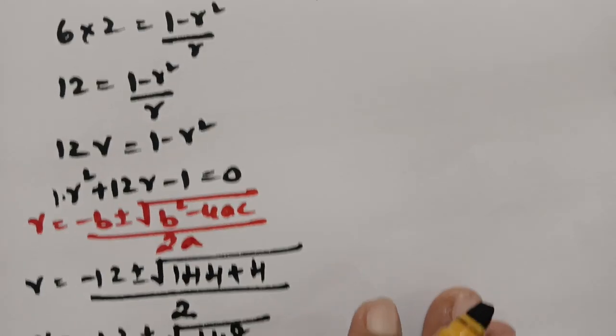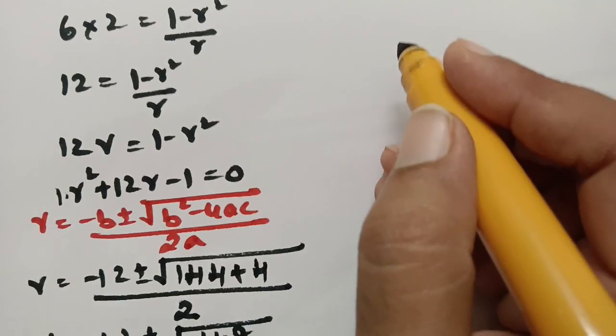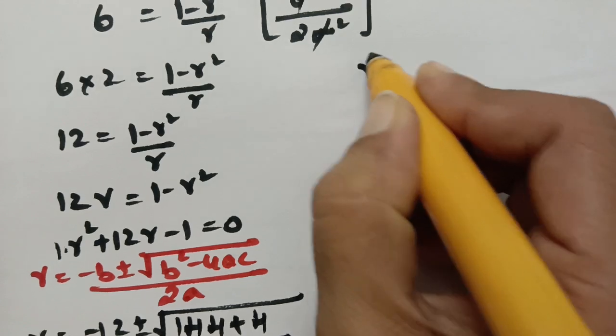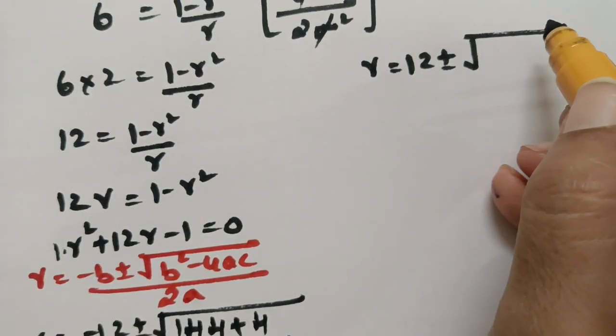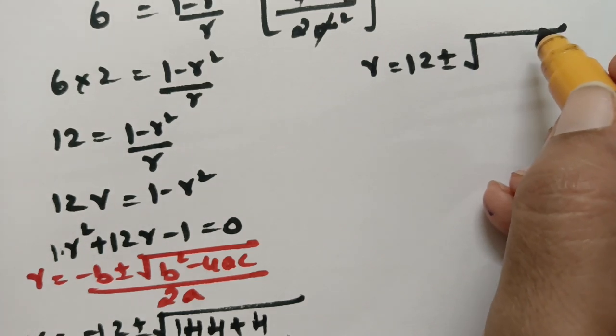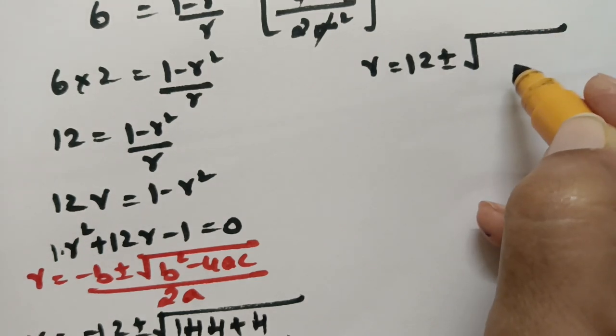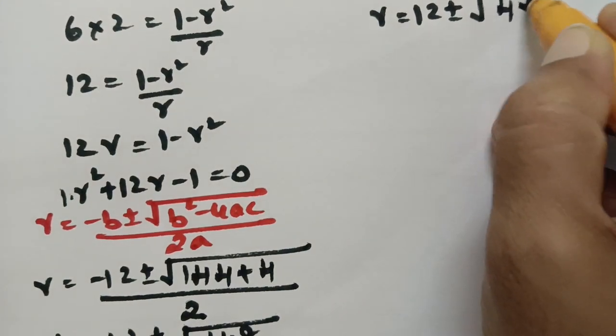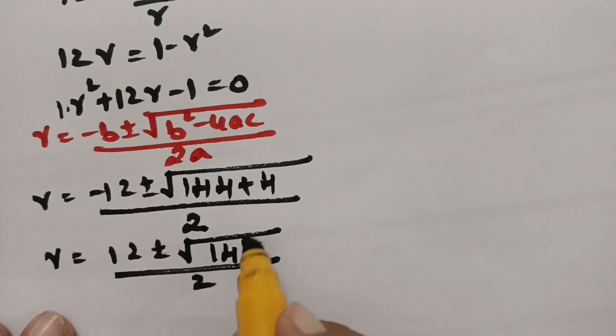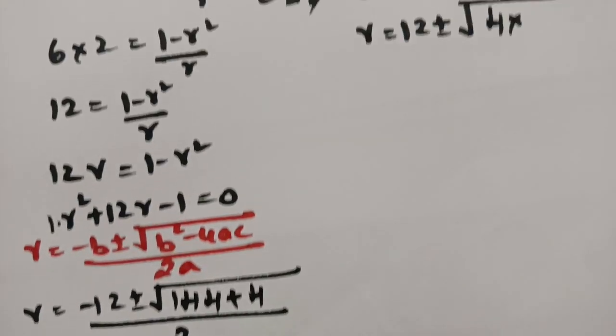Clear? So this value we can write as r is equal to minus 12 plus or minus root 148. This can be written as 4 times 37, so if I cancel the 4, this will be 2 root 37.